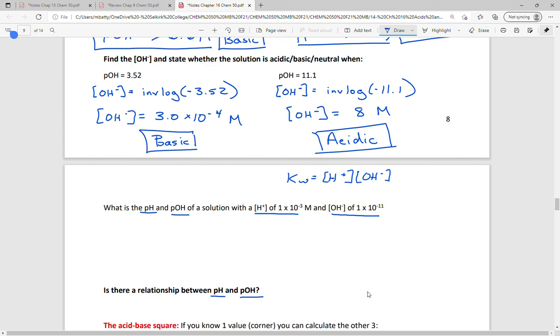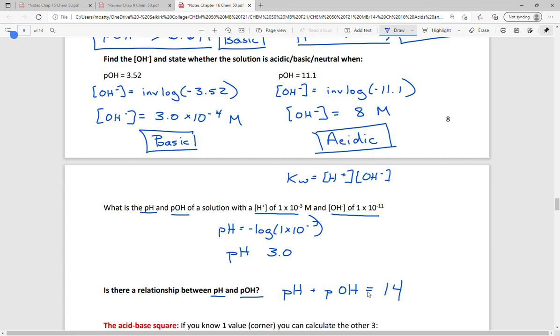So in this, and I'll give you the punchline first, I'm terrible at telling jokes, pH and pOH, if you were to put those two scales together, those two would always add up to 14. So let's check this out. In this one, if I calculate the pH, it's the negative log of 1 times 10 to the negative 3, or a pH of 3.